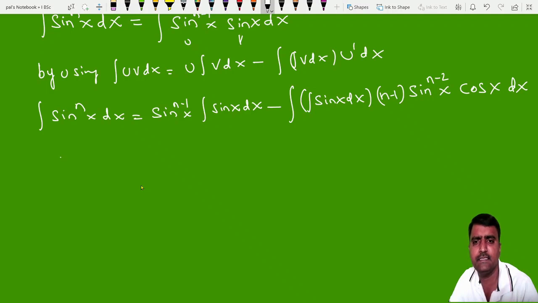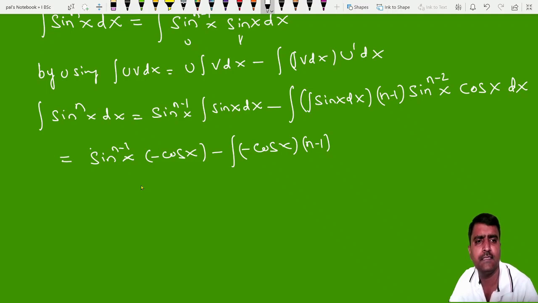So now simplifying this, which is equal to sin to the power n minus 1 x, and the integration of sin x is minus cos x. The integration of sin x is not plus cos x, it is minus cos x, minus the integration of, so the integration of sin x is minus cos x, into n minus 1 into sin to the power n minus 2 x into cos x into dx.